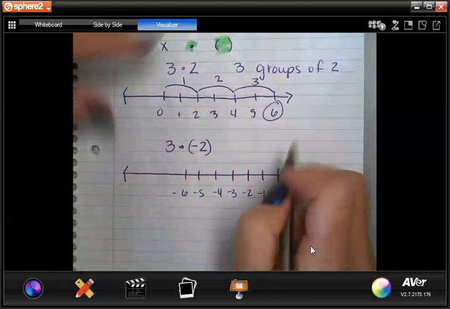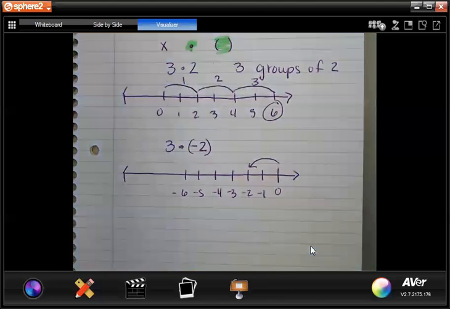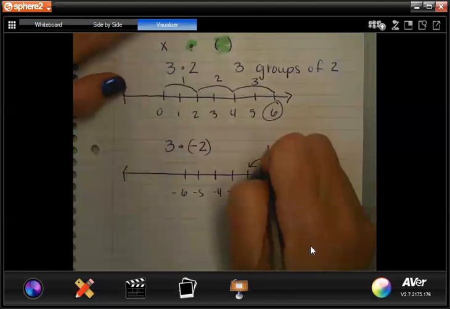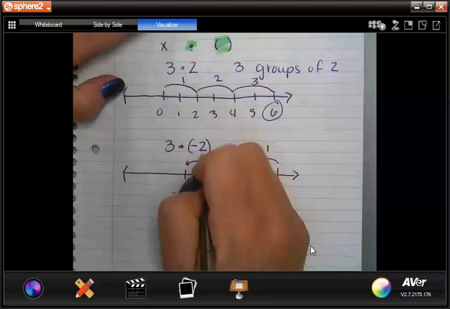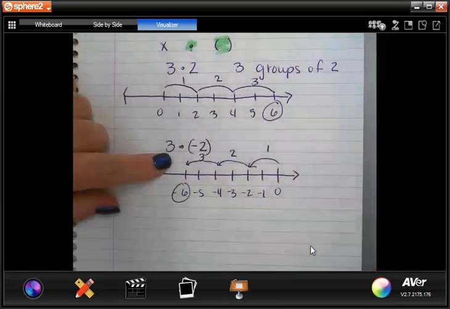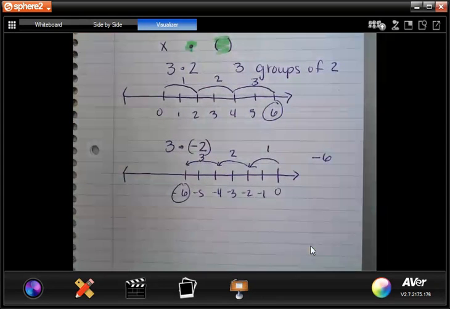So 3 groups of -2. Here's a -2. That's my first group. My second group of -2, and finally my third group of -2. So my answer, my product of this would be -6, right?